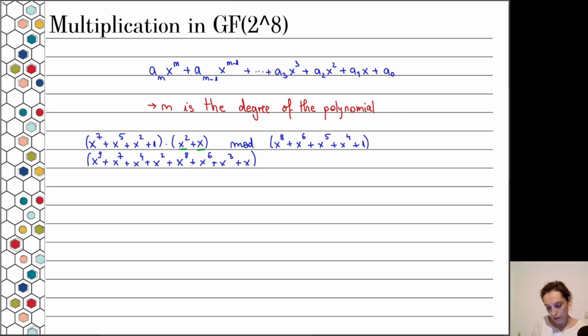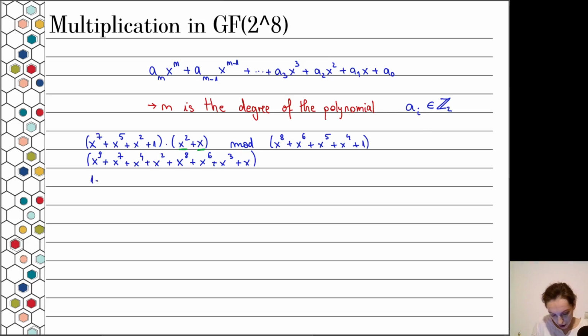using this irreducible polynomial. So in the first place we will have to see that our coefficients are in Z2. So in our case the coefficients ai, let's say, are in Z2. So we remember that the addition in Z2 is like this.